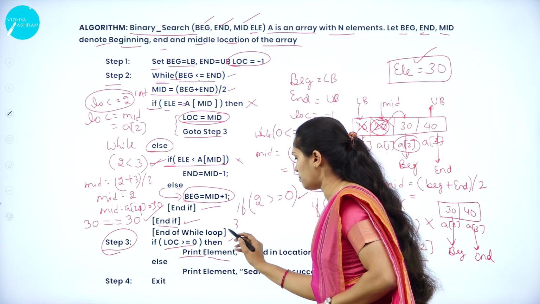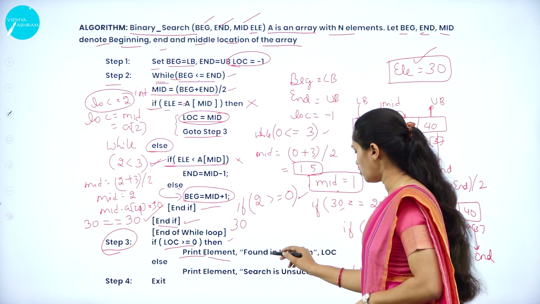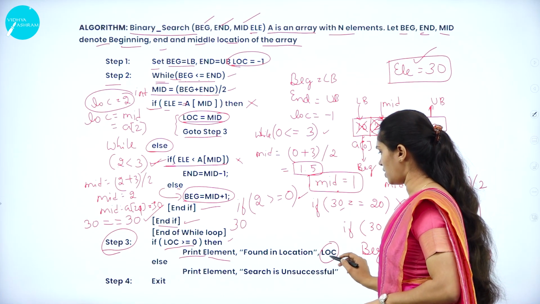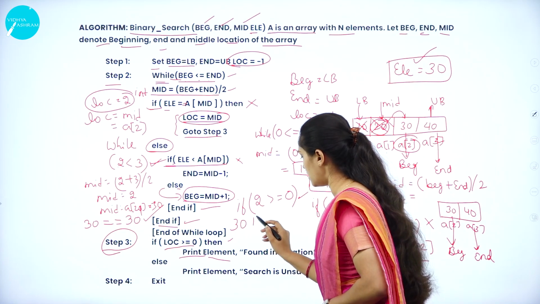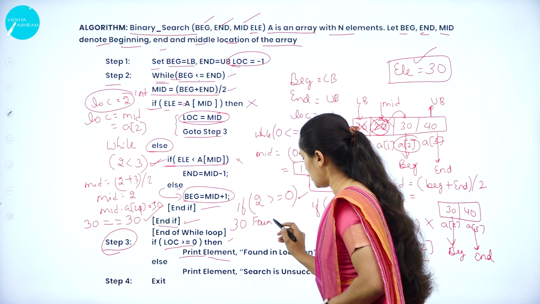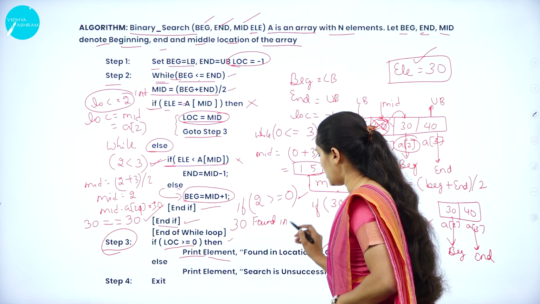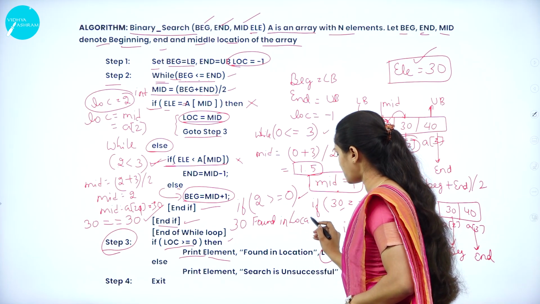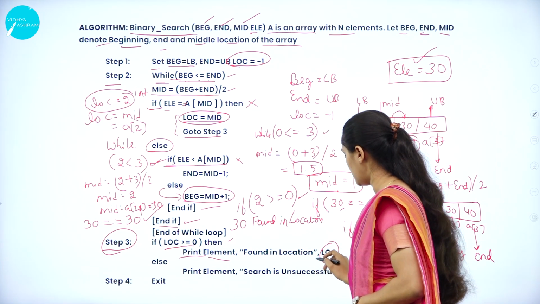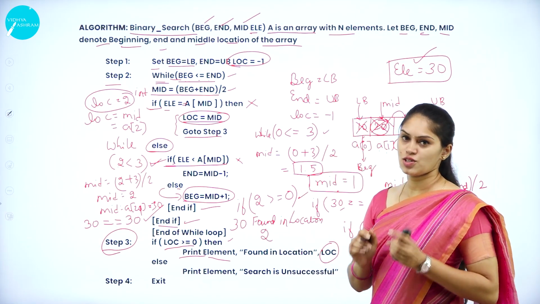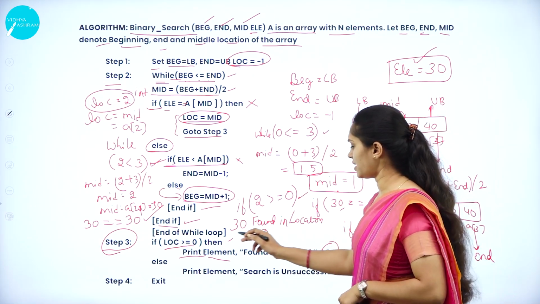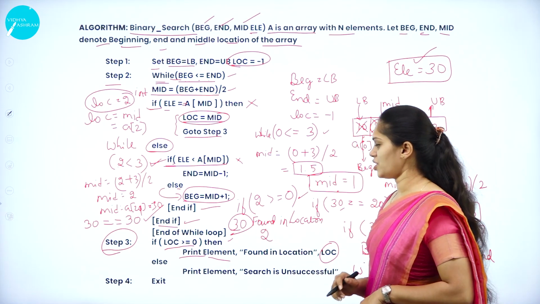What is the value of element? That is 30. What do we have in LOC? That is 2. That means 30 found in location 2. So we found an element called 30 in location 2.